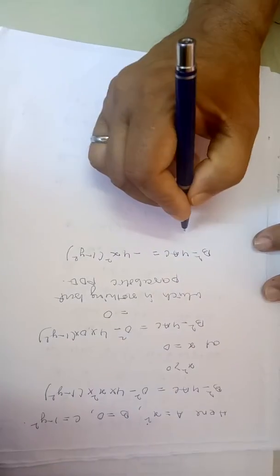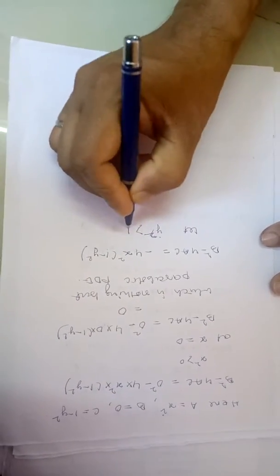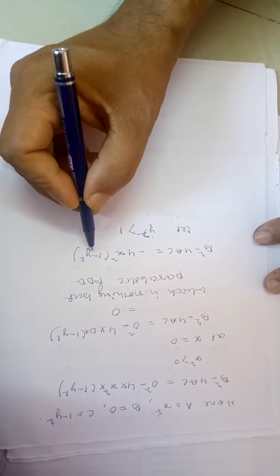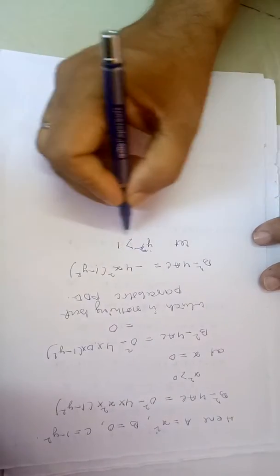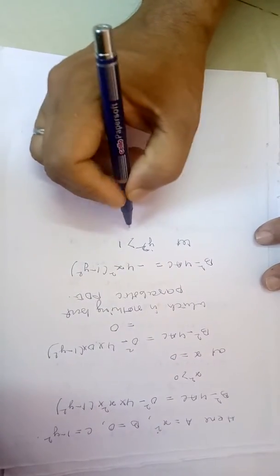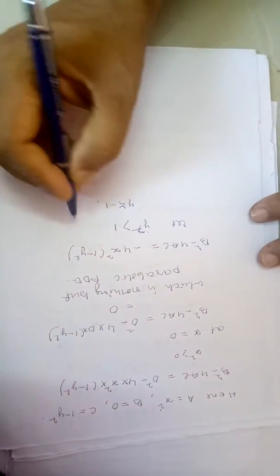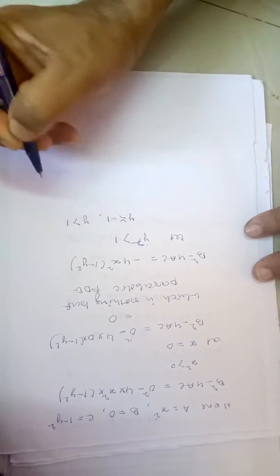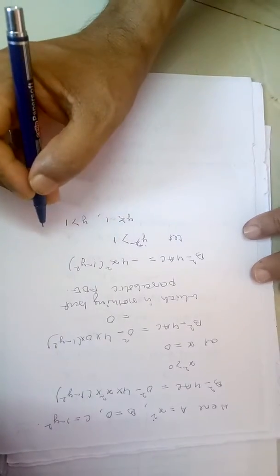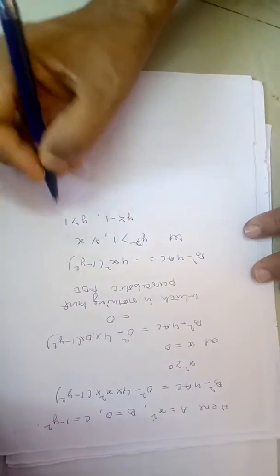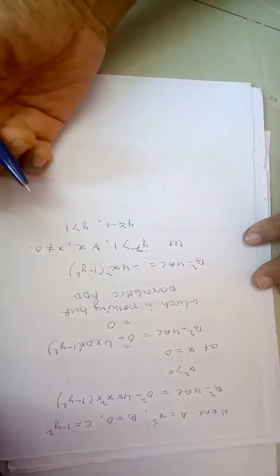So now let y square be greater than 1. Y square greater than 1 means 1 minus y square will be a negative thing, and so negative into negative will be positive. So if y square is greater than 1, that means y is less than minus 1 or y is greater than 1. So these are the two intervals. For those two cases, for every x except x equal to 0, if x equal to 0 it will be parabolic.